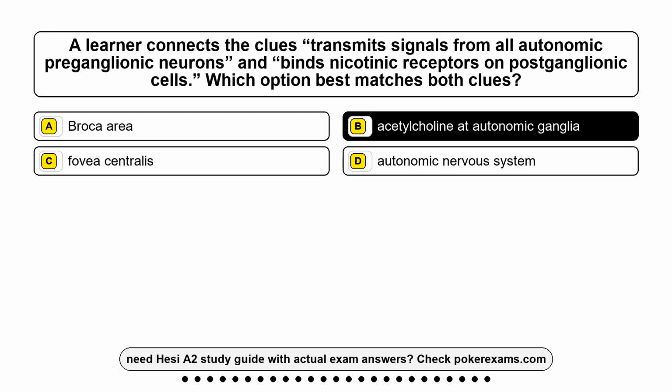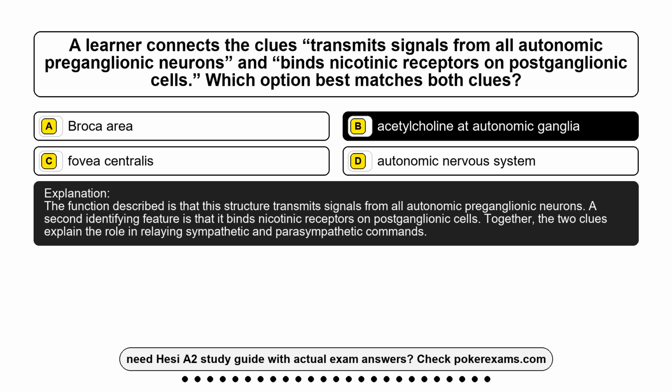The correct answer is option B, acetylcholine at autonomic ganglia. The function described is that this structure transmits signals from all autonomic preganglionic neurons. A second identifying feature is that it binds nicotinic receptors on postganglionic cells. Together, the two clues explain the role in relaying sympathetic and parasympathetic commands.